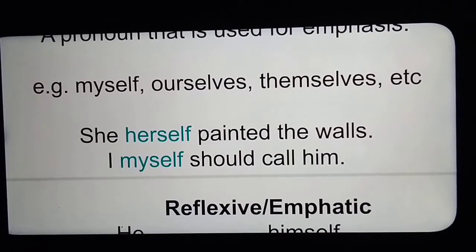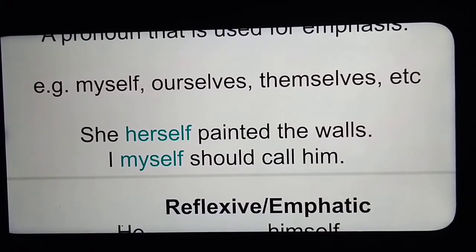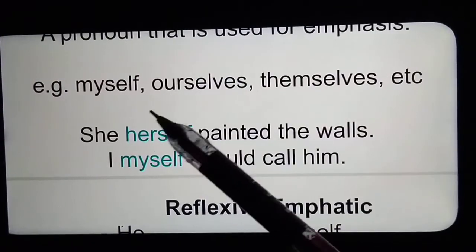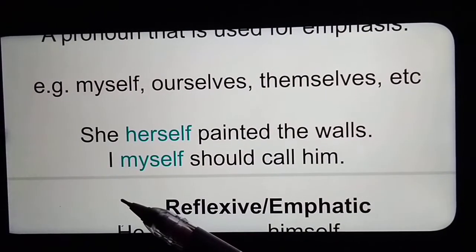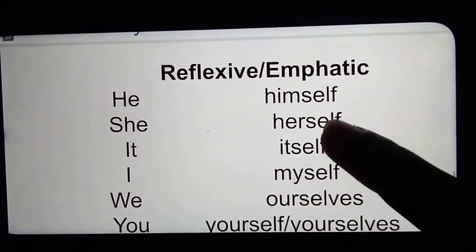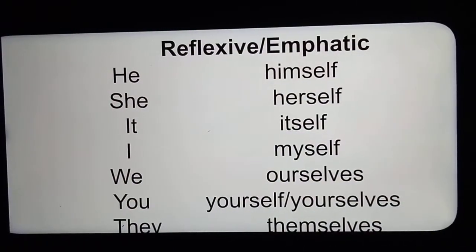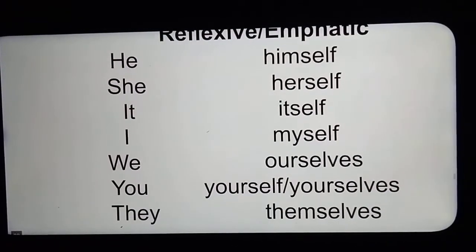But when I say she herself painted the walls, the word is putting emphasis or force on the subject. Similarly, I myself should call him. Again, the word is putting emphasis or force on the subject. Same words act as reflexive and emphatic pronouns.